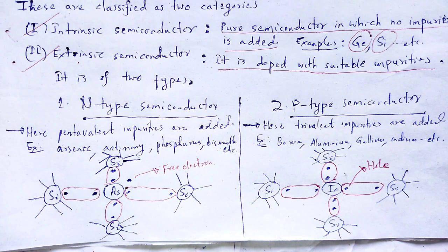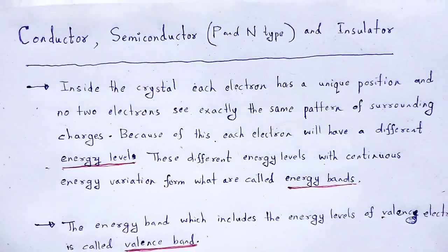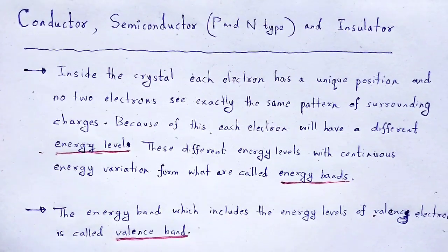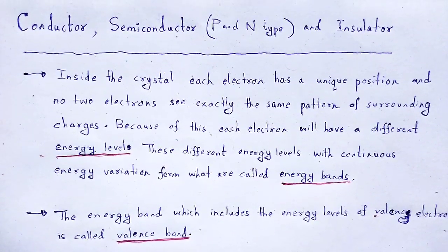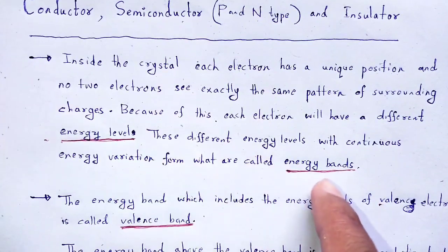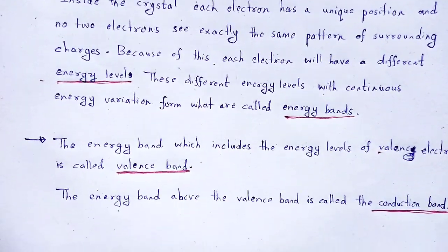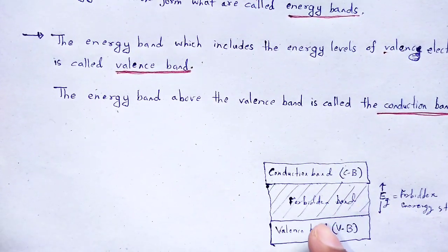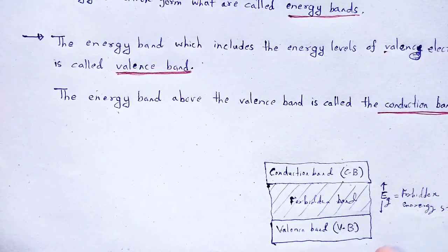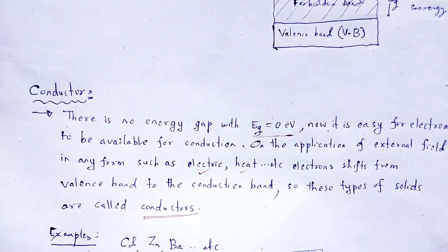In this way, with the help of this video lecture, we understand the concept of conductor, semiconductor and insulator on the basis of band gap. What are energy levels and energy bands? Next, valency band, conduction band, forbidden energy state. On that basis, we classify conductors.